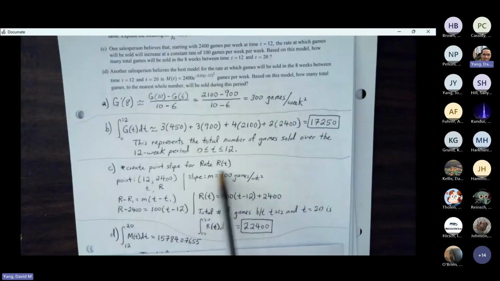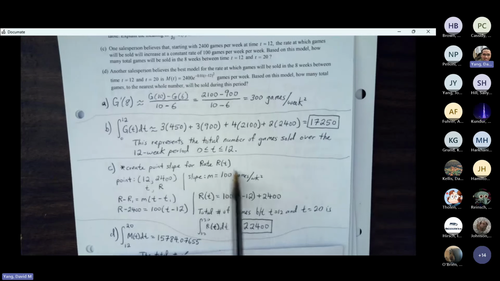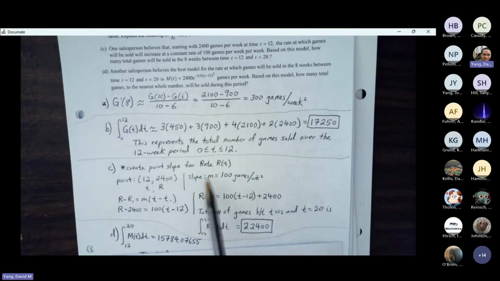We're just using this trend to help us estimate how many games could be sold over the next 8 weeks.